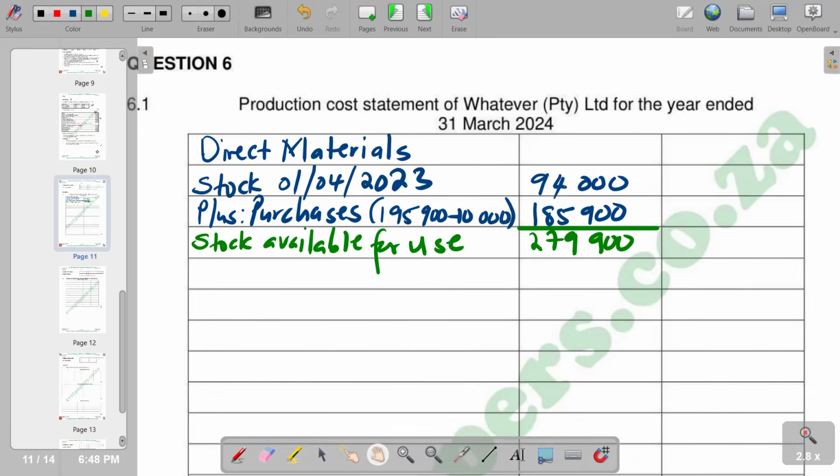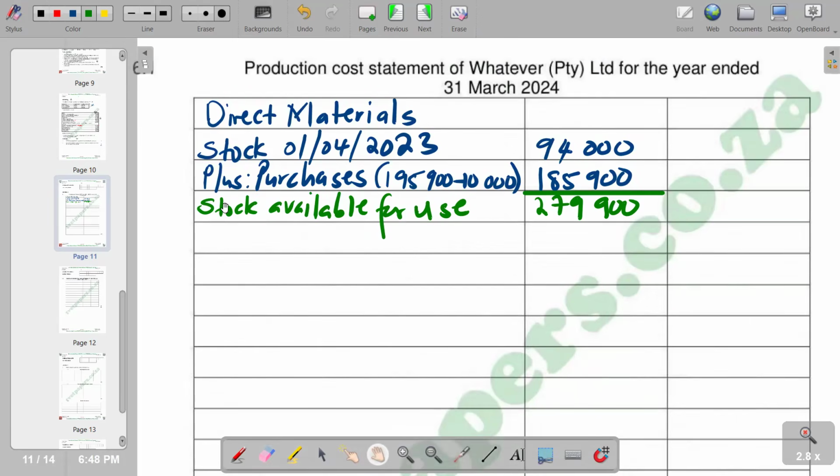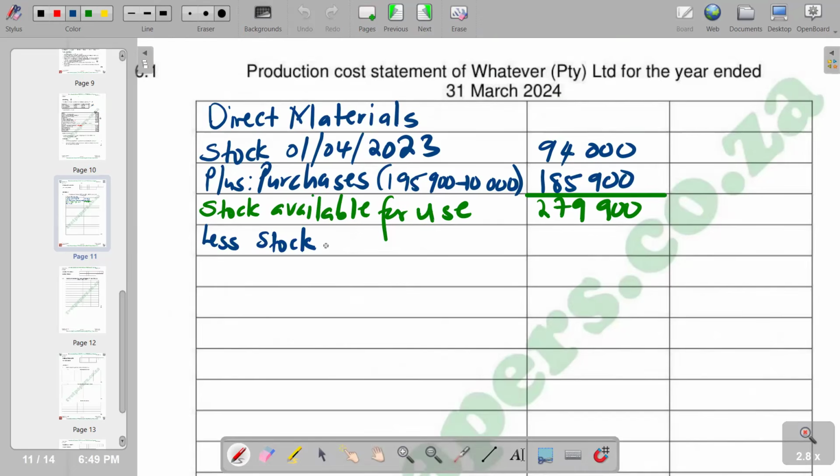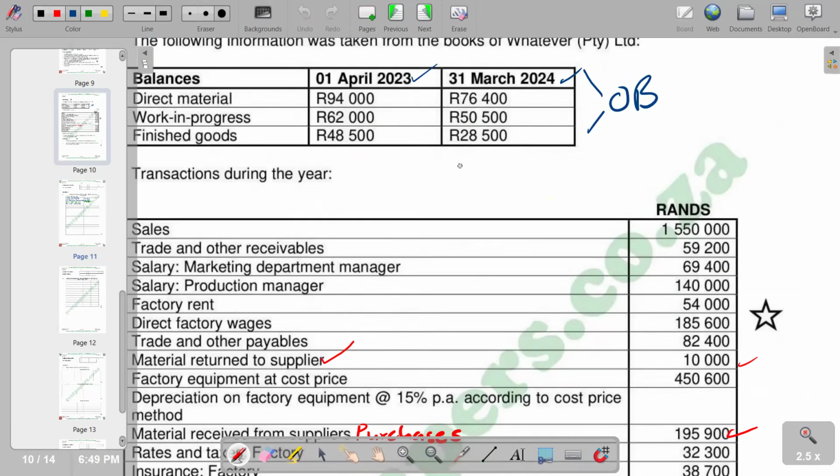Then from there, we move on to the next part, whereby we are going to subtract stock at the end. So we are saying less stock. Our date is 31 March 2024, 31 03 2024. We have an amount of 76,400.